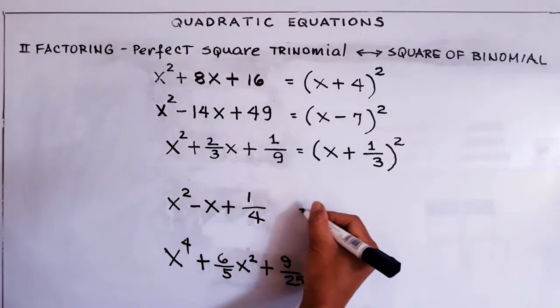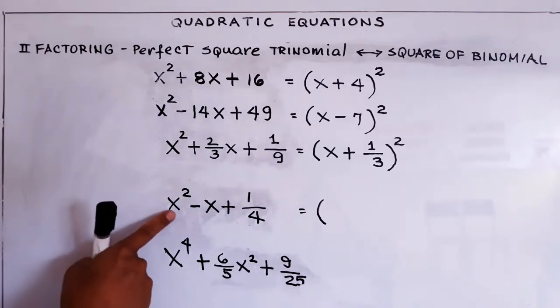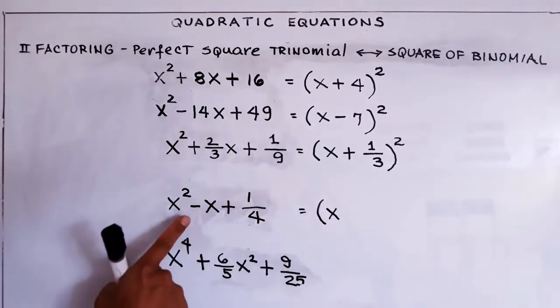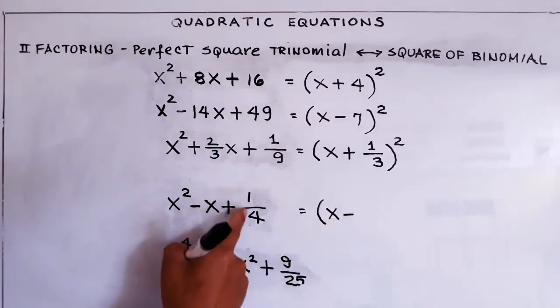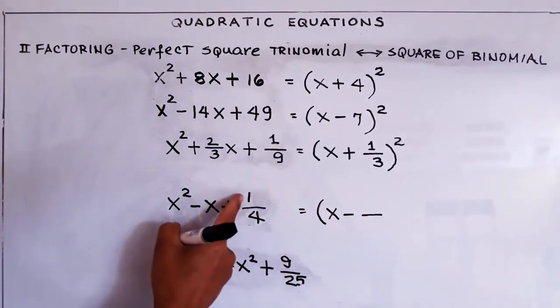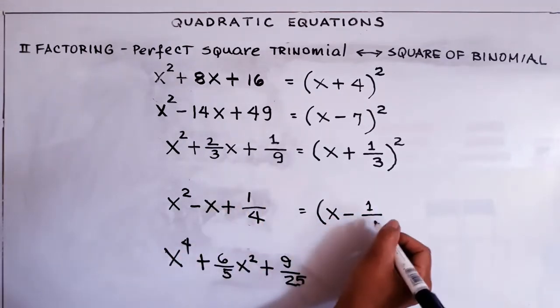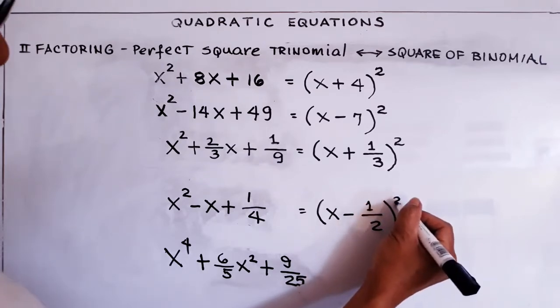Equals here. Okay, parenthesis. The square root of x squared is x here, the sign is minus. Minus here, 1/4, so you put a bar here. The square root of 1 is 1. The square root of 4 is 2. So we have squared.